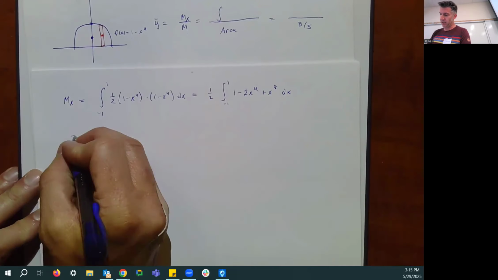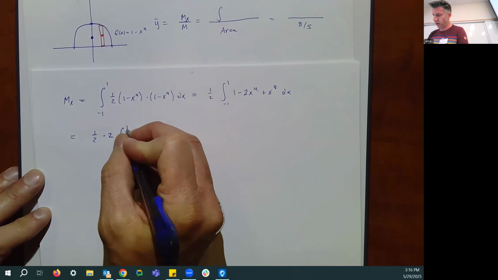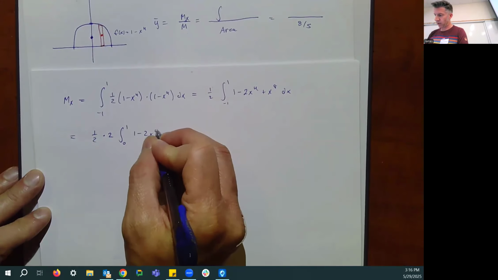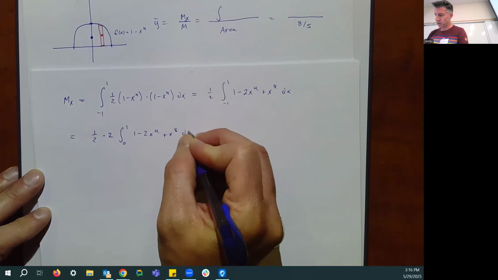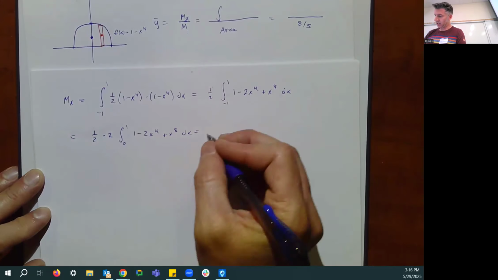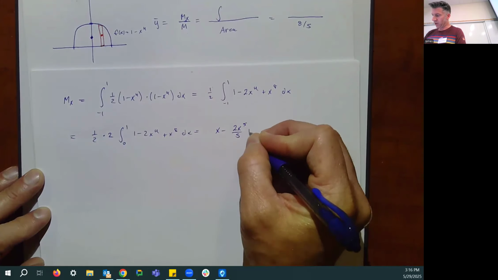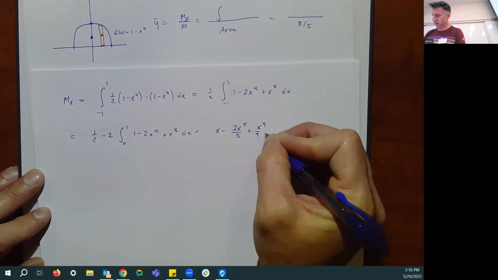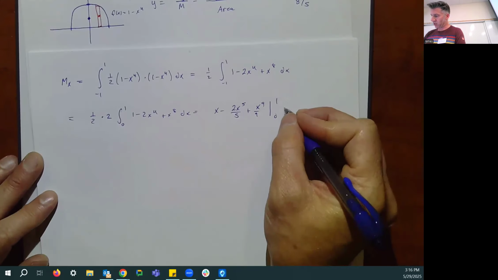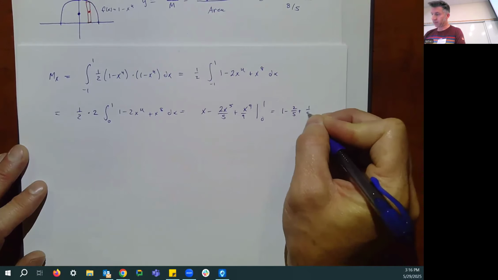So I'm going to rewrite this as 1/2 times 2 times the integral from 0 to 1 of 1 minus 2x to the 4th plus x to the 8th. That's going to be 1 times the integral of this, which is x minus 2x to the 5th over 5 plus x to the 9th over 9 evaluated from 0 to 1, which is just going to end up being 1 minus 2/5 plus 1/9.